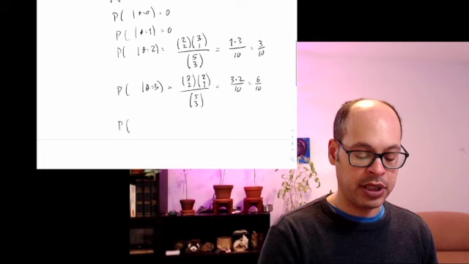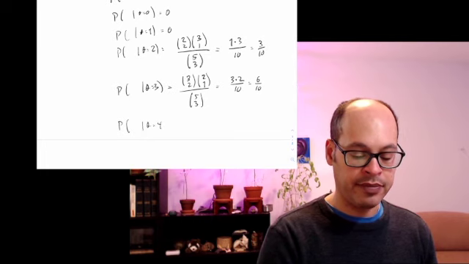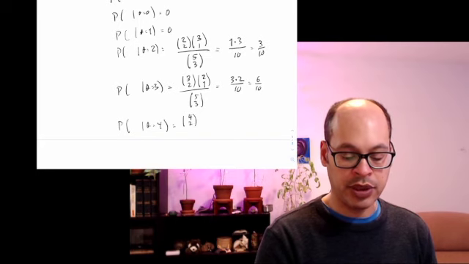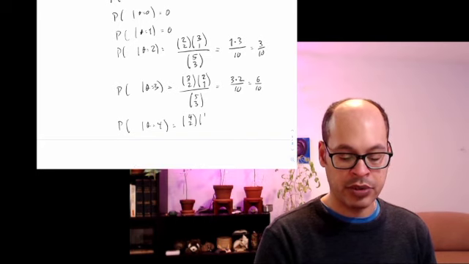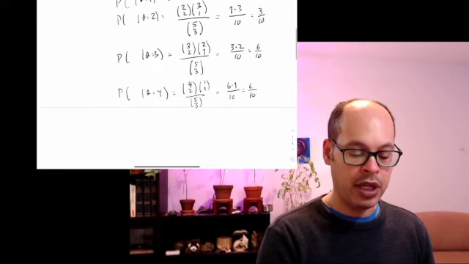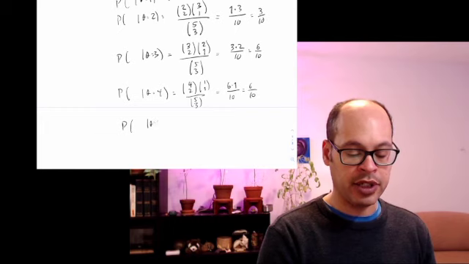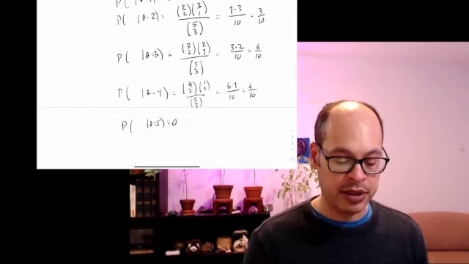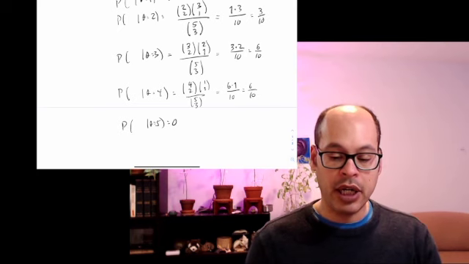The probability, if it was 4, would have been, well, out of the 4 people that passed, we chose 2 of them, and out of the 1 person who didn't, we chose them, and that's out of all the ways of choosing that. That's 6 times 1 divided by 10, that's 6 out of 10. And finally, the probability if theta was 5, as we noticed before, was 0, because at least one person that we picked failed.